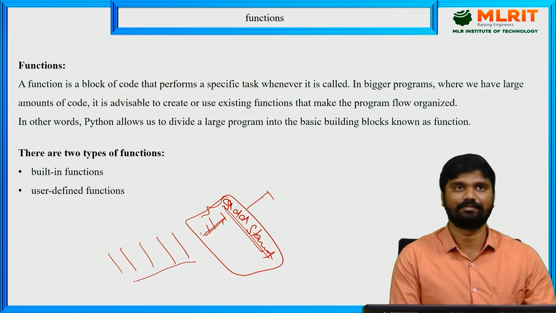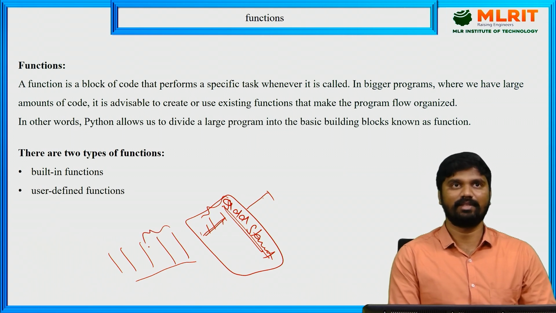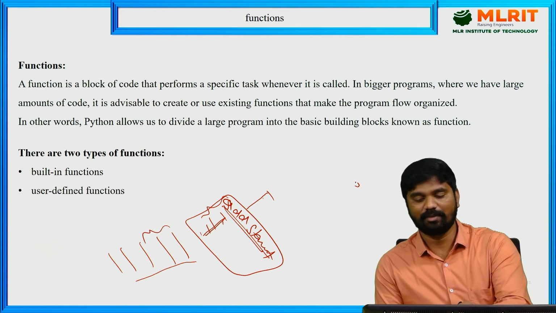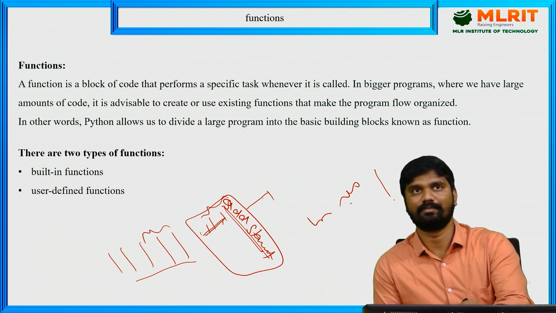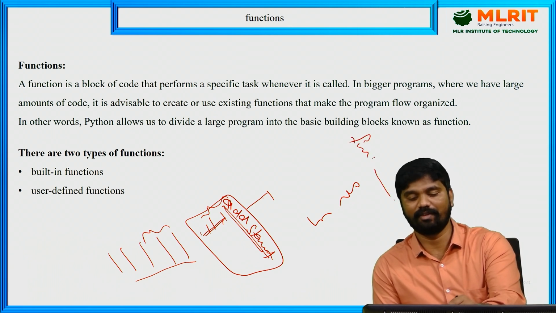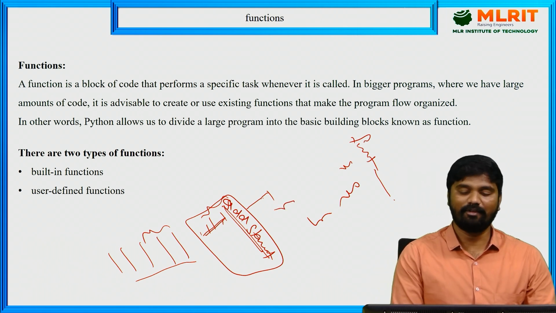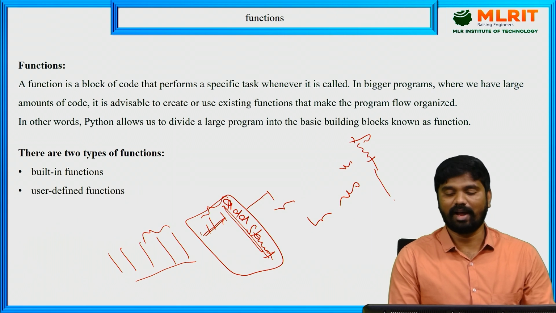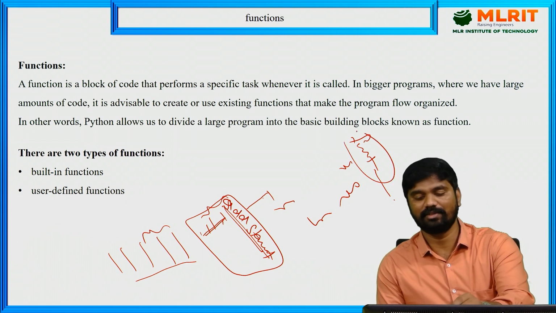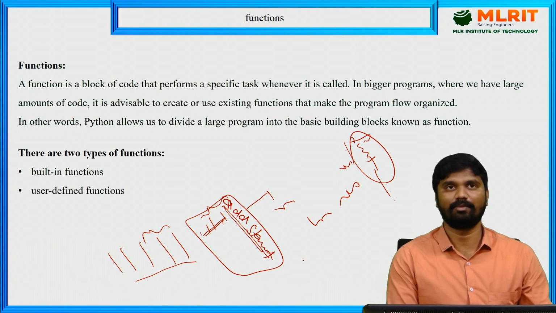So instead of writing that many times, just write those statements in a block of code and define a name using a function. Whenever a user comes to add money, simply call this function with that name and execute that block of code.